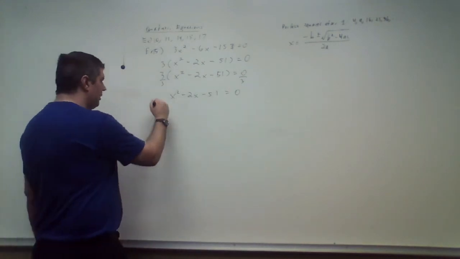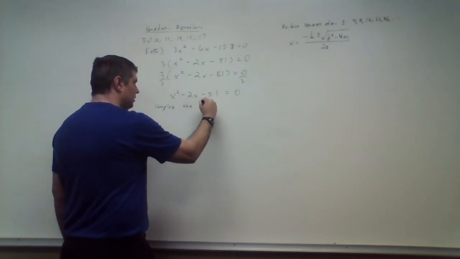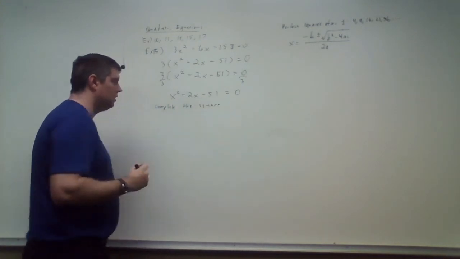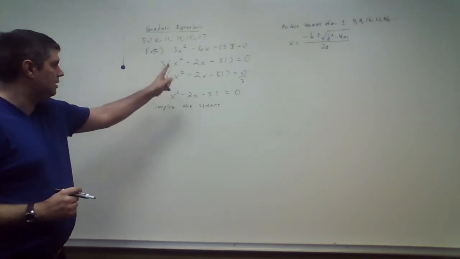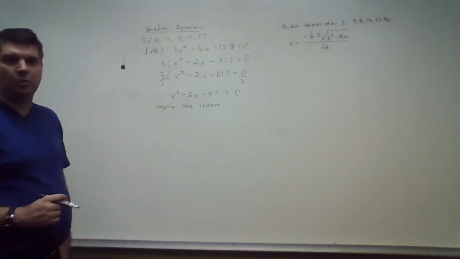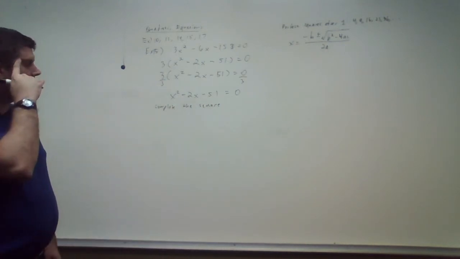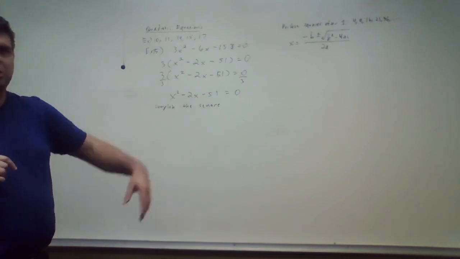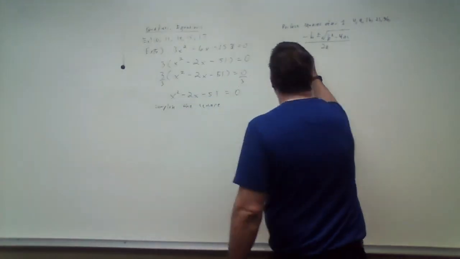Now, if we do completing the square, because this is conducive to that, the lead coefficient is 1, that's even. Okay, so if I was to complete the square, that would be one method I could use. Here's the other method, to use the quadratic formula. I'll start with the quadratic formula.